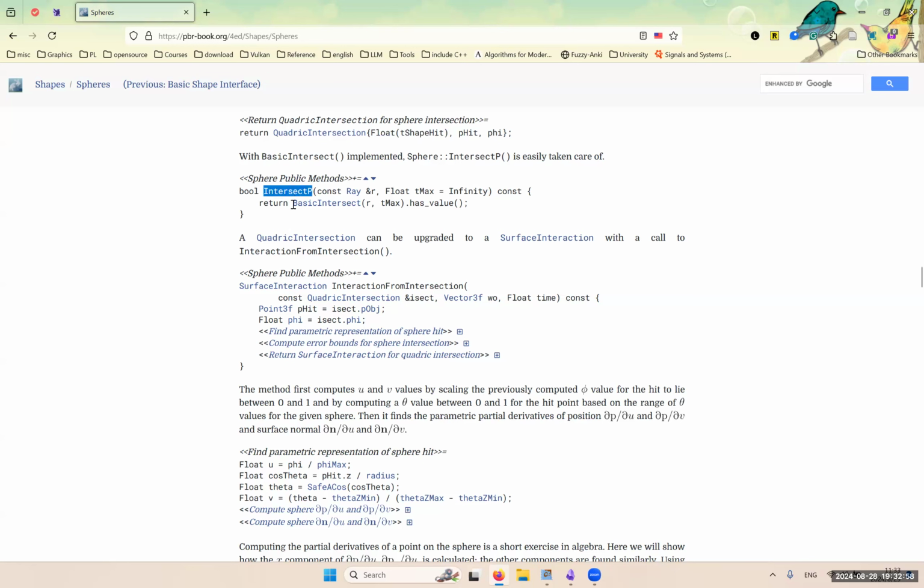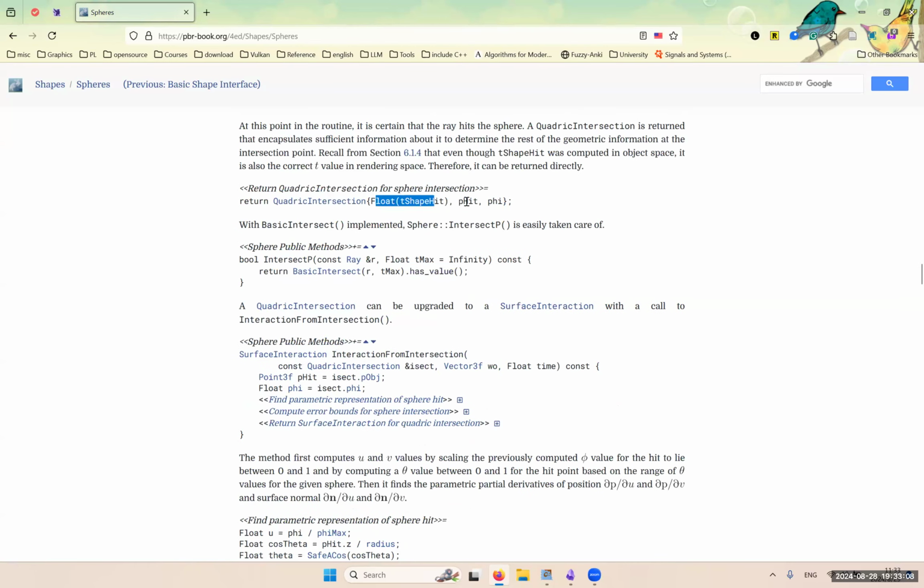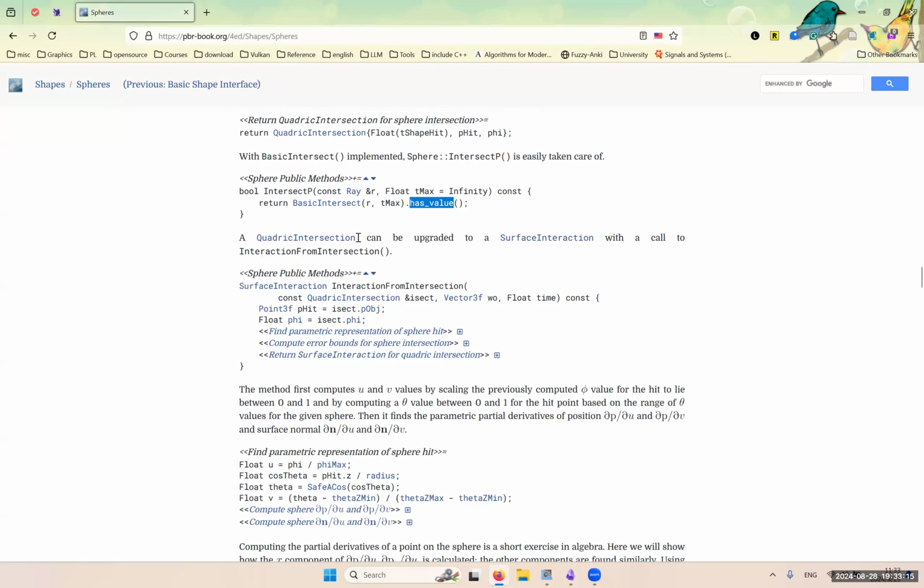IntersectP is just doing basic intersect and ignores the values, just using true or false. And the quadratic intersection can be upgraded to a surface intersection by calling InteractionFromIntersection.